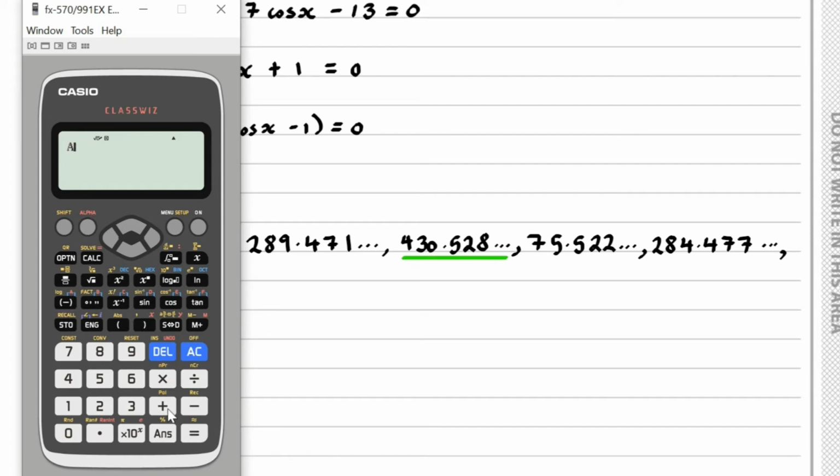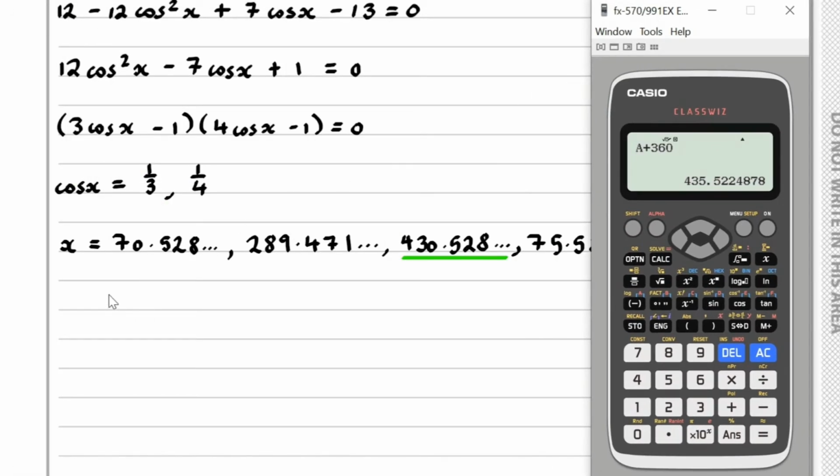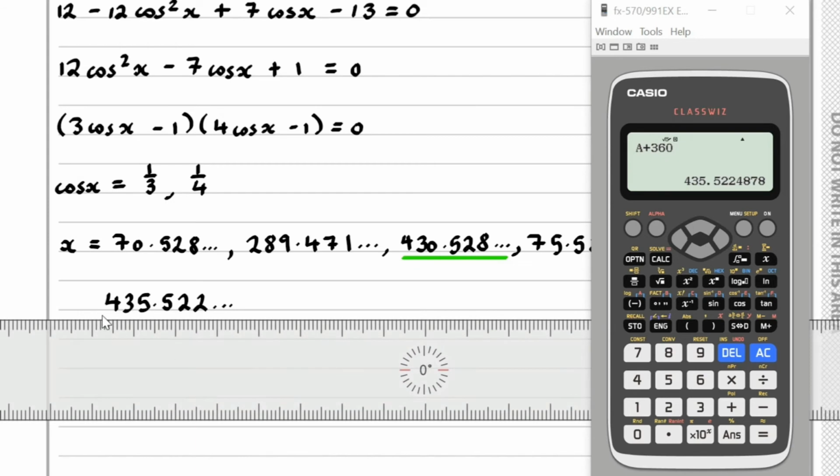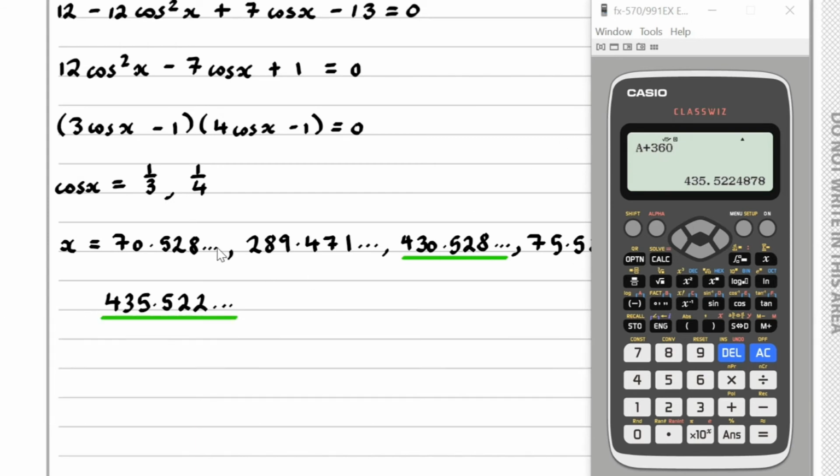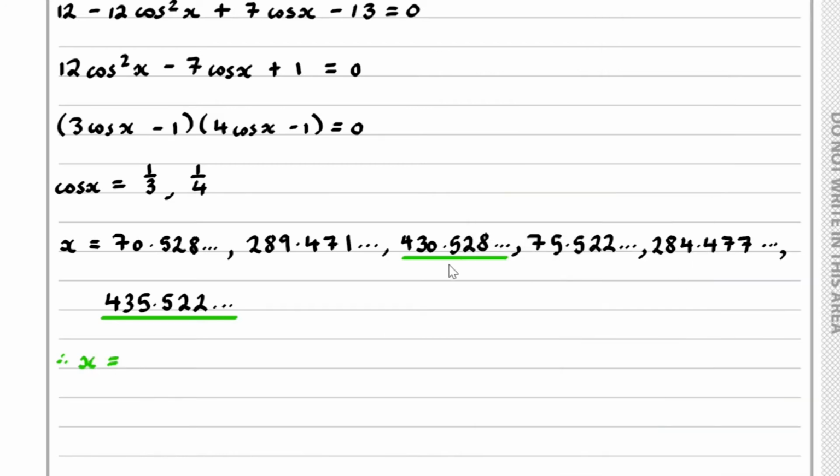So if I take my new value of a and then add on the repeat of 360, I get 435.522, etc. This here is a second value I require. And so in the required interval, we've got x equals, to one decimal place, 430.5 degrees, and we also have 435.5 degrees, of course, to one decimal place.